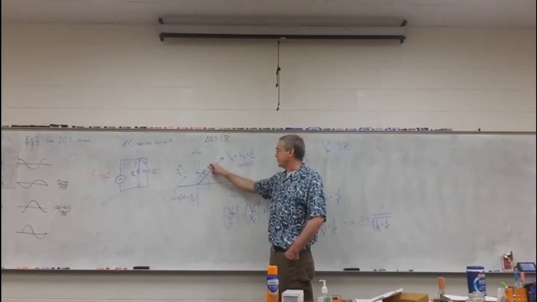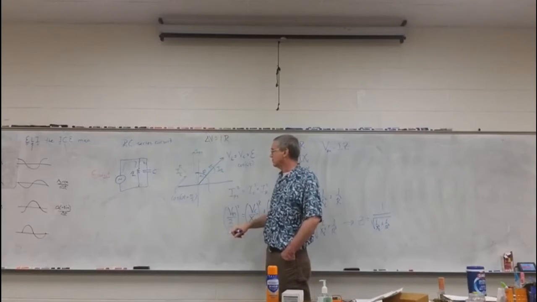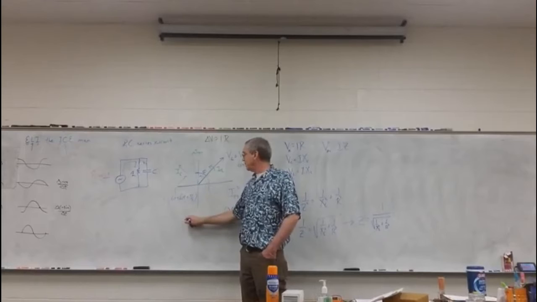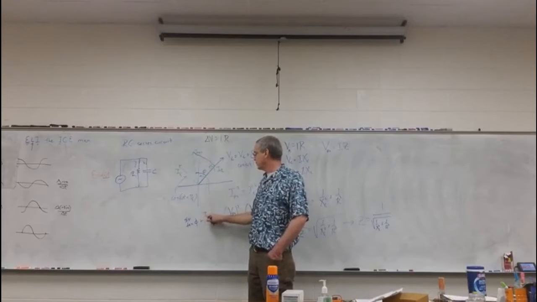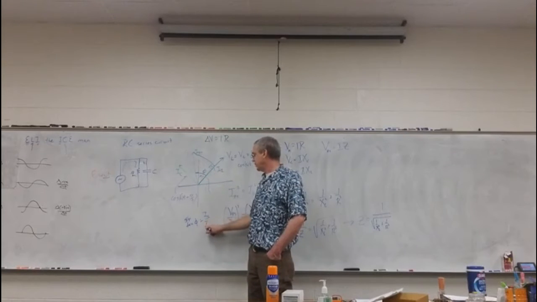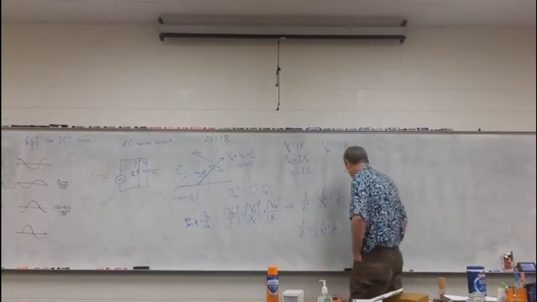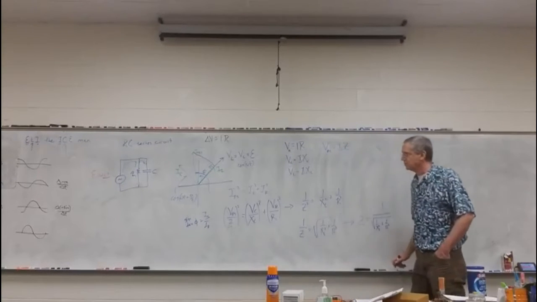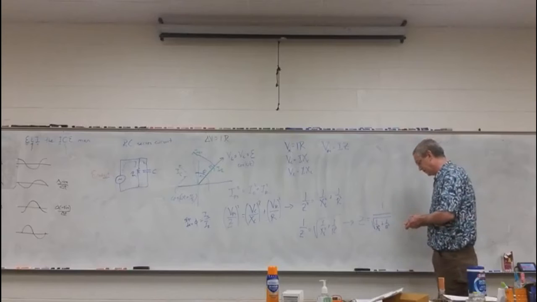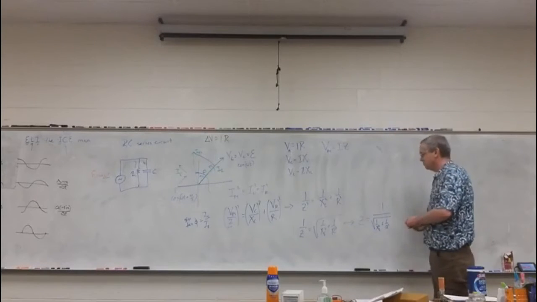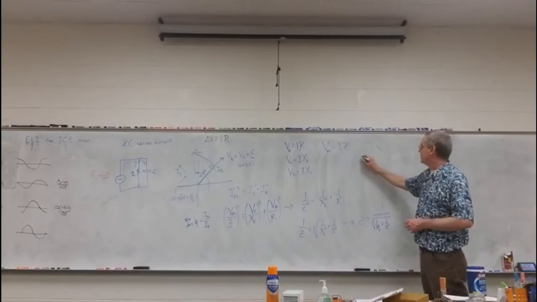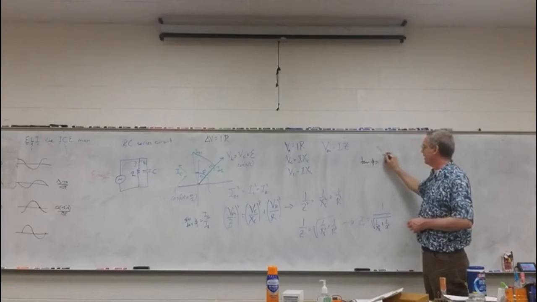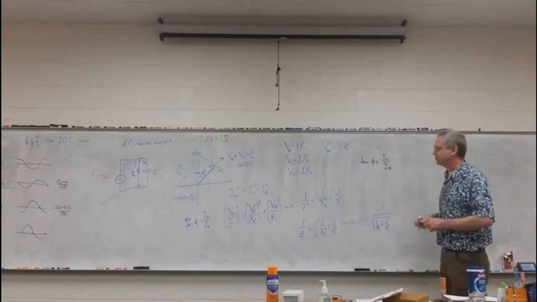I have a right triangle. That's a right triangle right there. I know that the tangent of phi is the opposite, which is I sub c, over the adjacent, I sub r. So the tangent of phi is I sub c over I sub r.